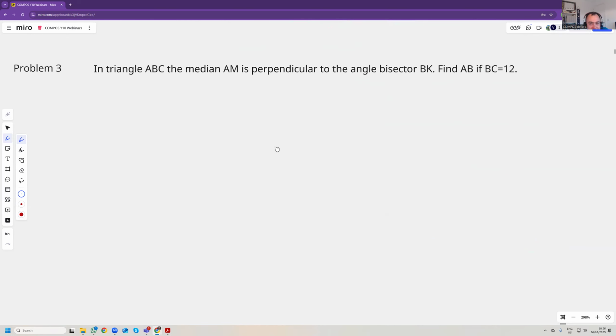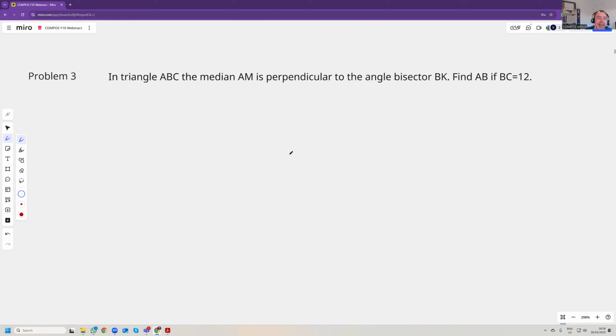In triangle ABC, the median AM is perpendicular to the angle bisector BK. Find AB if BC is 12. Okay, so we're trying to use the formal approach. In triangle ABC, the median AM.